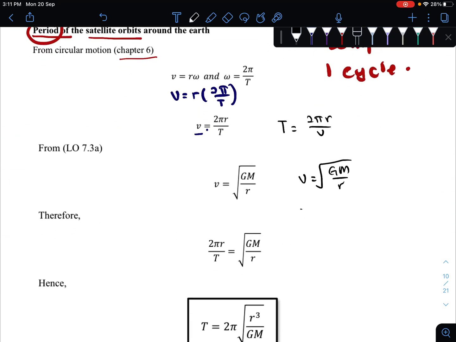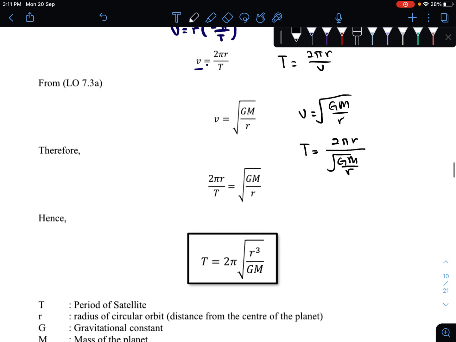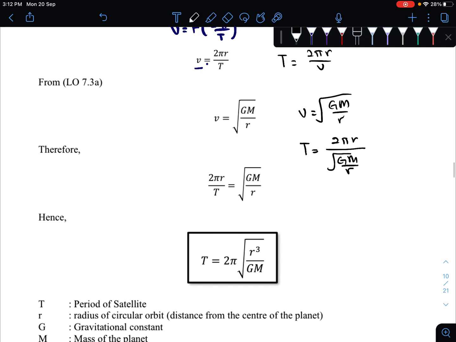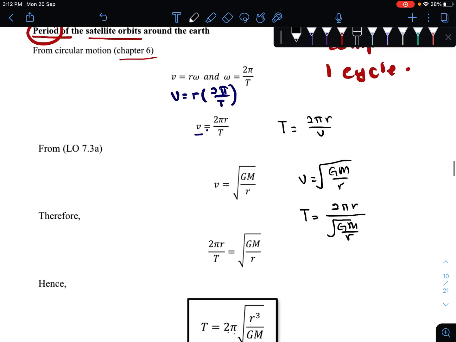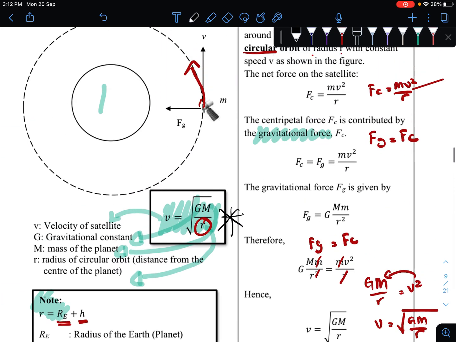Now you can substitute that into the equation here. You will get period equals 2 pi r over square root of GM over r. And then you do your math, rearrange, and you will get the period as 2 pi square root of r cube over GM. You must know all this process of derivation.